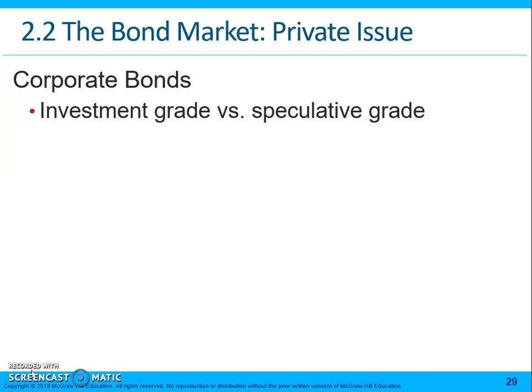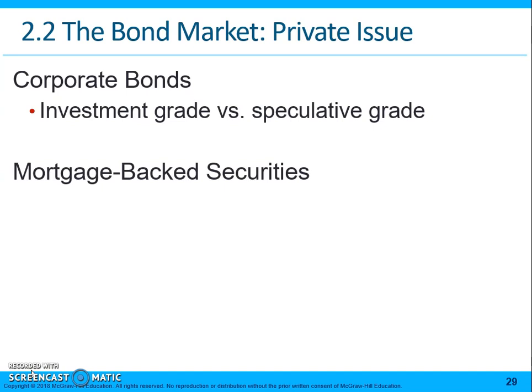Those all refer to the same thing. Investment grade, if we're talking about Standard & Poor's, is anything rated BBB or higher. Anything below that would be considered junk bonds or non-investment grade.